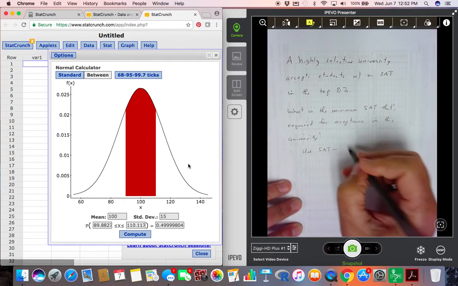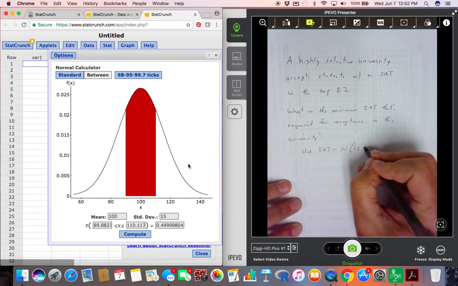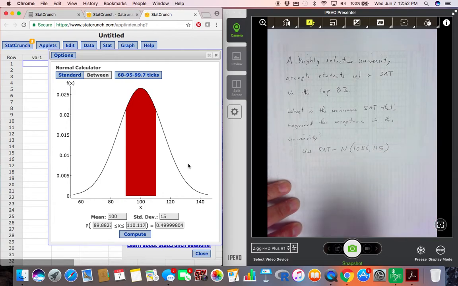Now we're looking at overall scores here. You know, I've actually got an SAT overall up. Let's see, SAT.